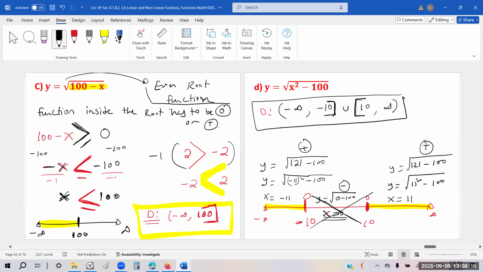It looks like 8. It's not 8, but it's infinity. So negative infinity to negative 10. We can use 10, but I don't know how to use infinity. And then from 10 to positive infinity. So this domain is two pieces. It doesn't use the middle piece.